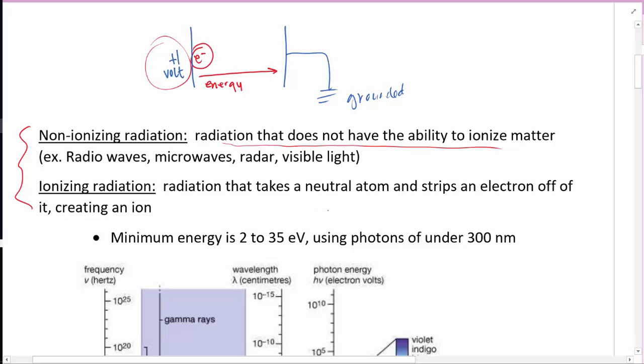So if I have some neutral atom, for example, let's say carbon, if the ionizing radiation comes in, it's going to actually strip an electron off it as it runs through there. And so it has enough energy to do that.